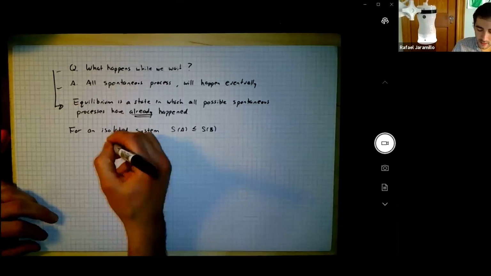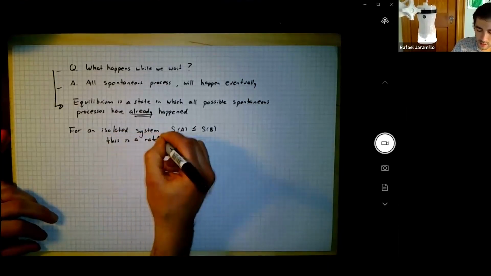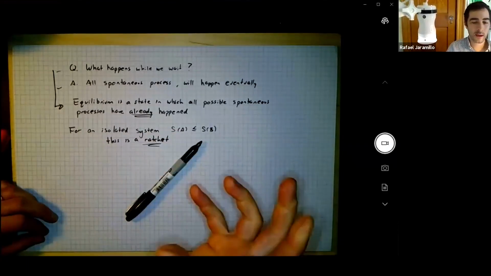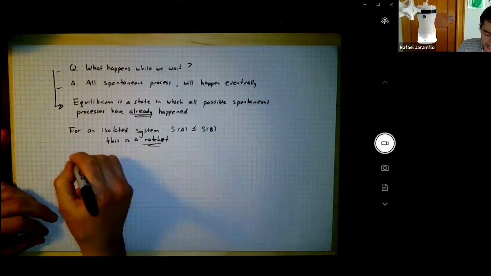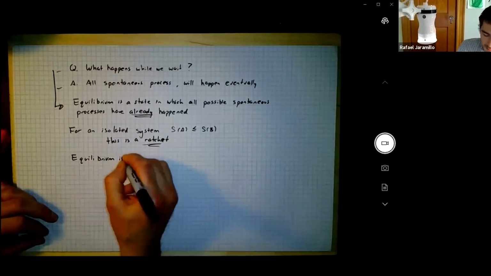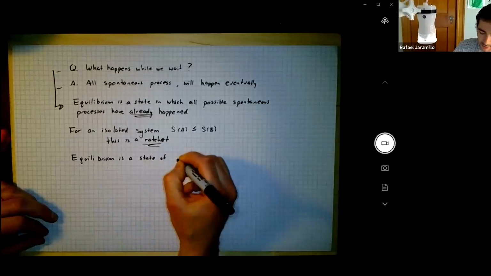This is a ratchet, right? It can click up one way, it can never go back the other way. It follows then that equilibrium is a state of max entropy.